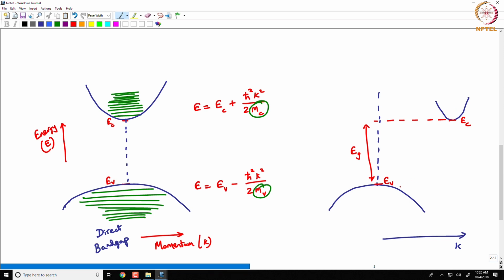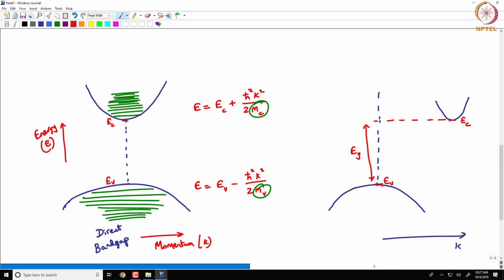So, in this case when you have a transition, energy is conserved as well as momentum is conserved, right. For any of these events to happen, both energy has to be conserved, momentum has to be conserved, okay. And that is straightforward in a direct band gap semiconductor, but it is not so straightforward in an indirect band gap semiconductor.